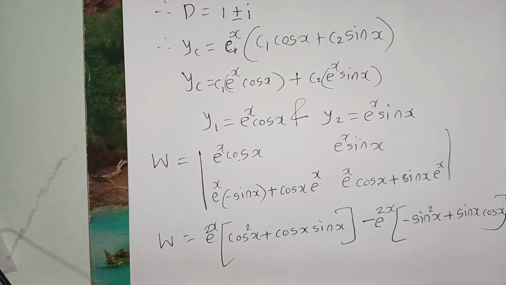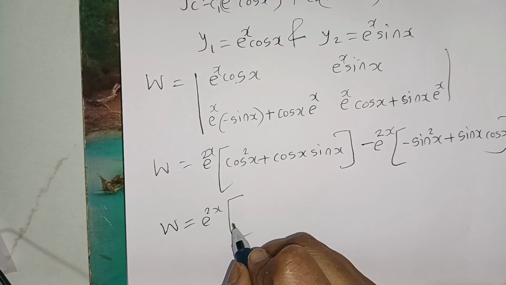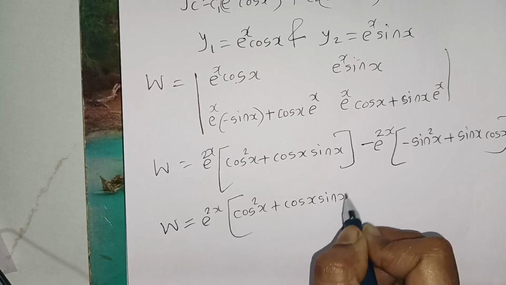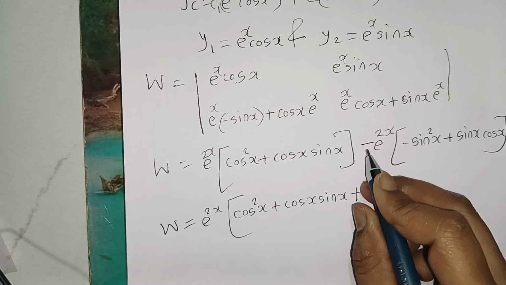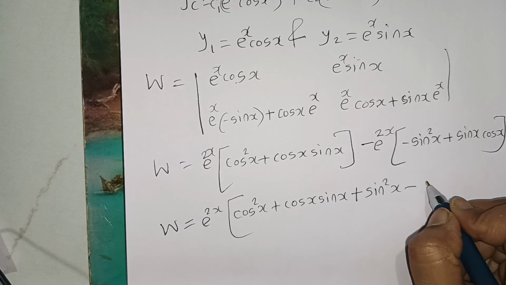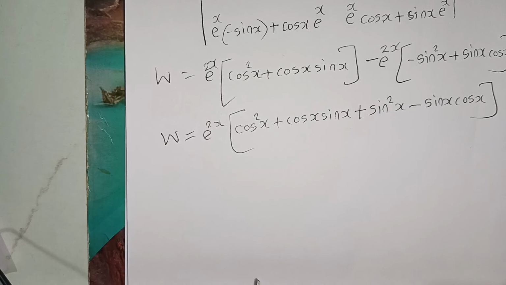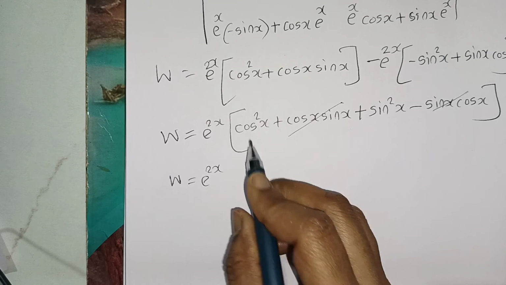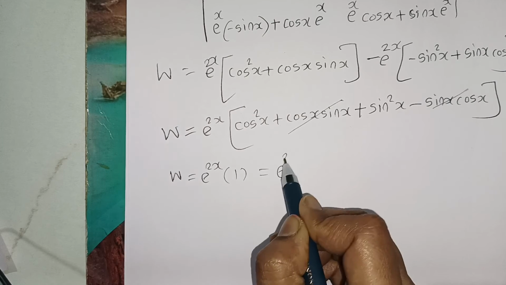Take this e raised to 2x in common from both the terms, so you have cos square x plus cos x sin x, minus minus will be plus sin square x, minus plus will be minus sin x cos x. So cos x sin x can get cancelled. Wronskian is equal to e raised to 2x times cos square x plus sin square x, which is 1. So simply Wronskian is equal to e raised to 2x.